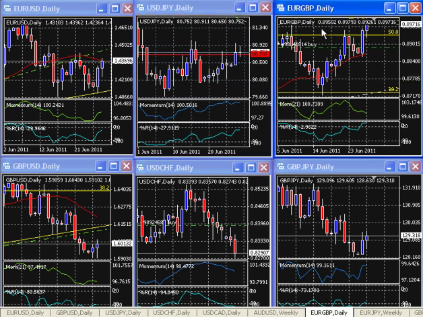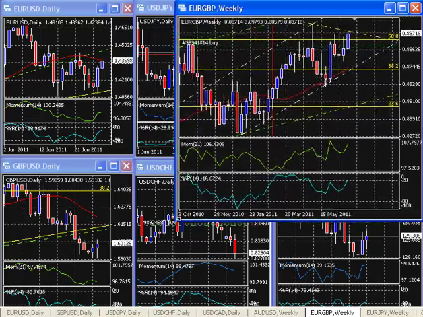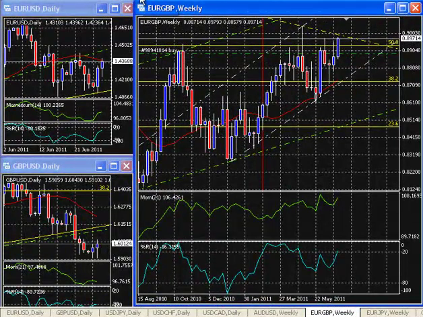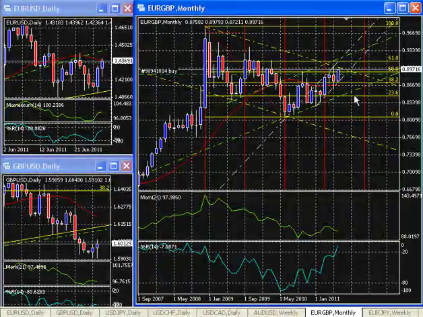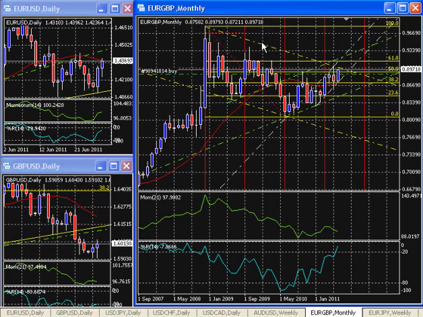Looking at it now on a weekly basis is actually giving more substantial reason for the prices to continue higher. Let's expand it again, and subsequently even on a monthly basis, where the possible high and the resistance line here, 0.9031 is actually the next target level.